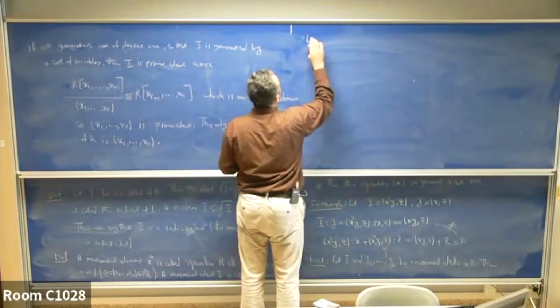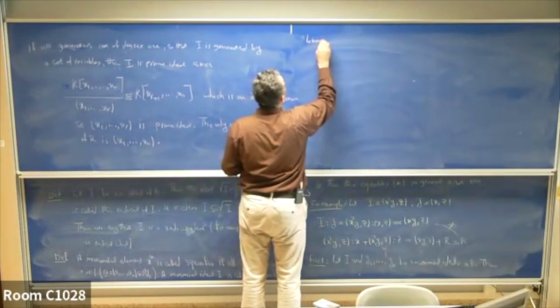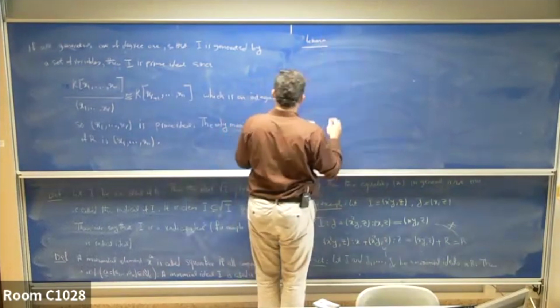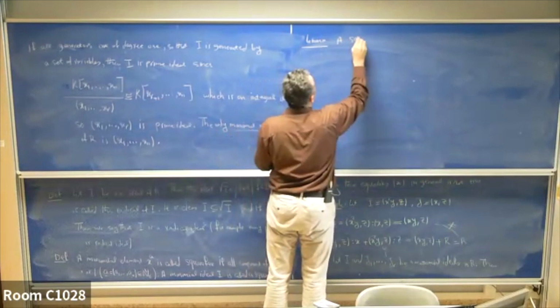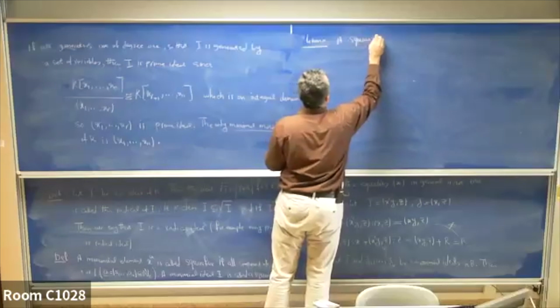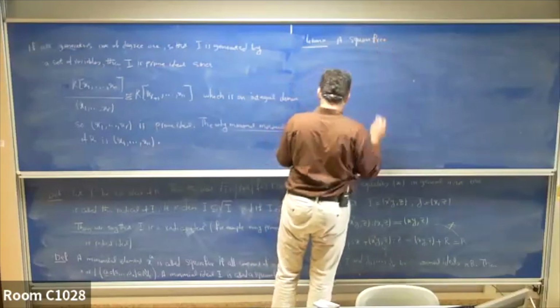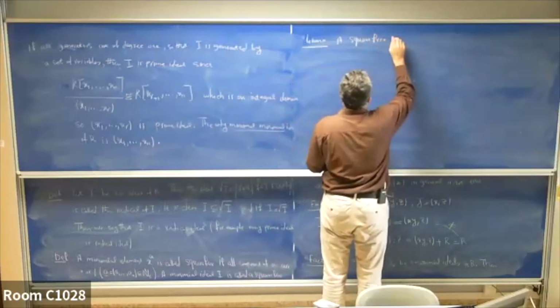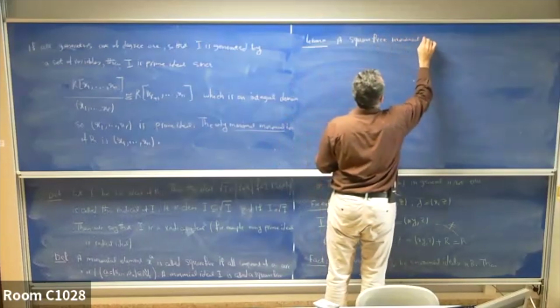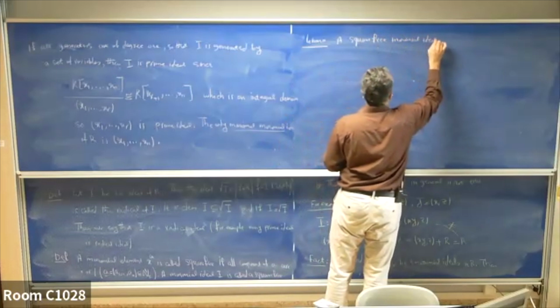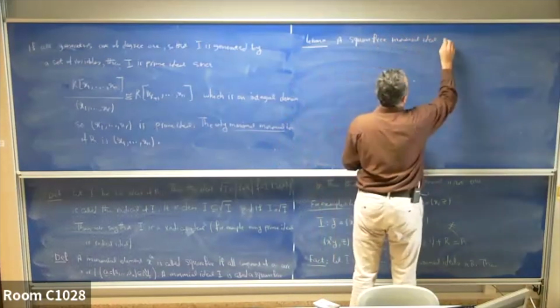Lemma: a square free monomial ideal is a radical ideal.